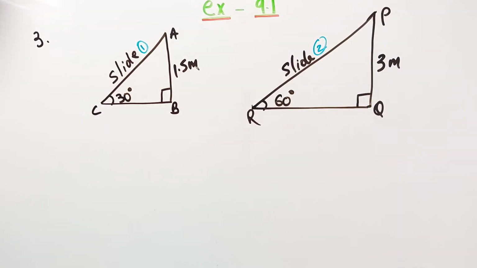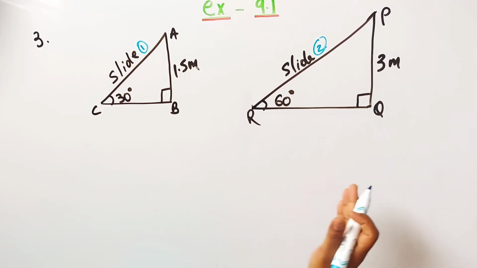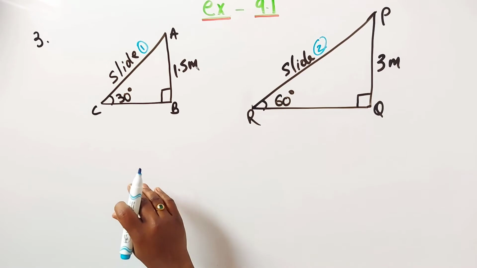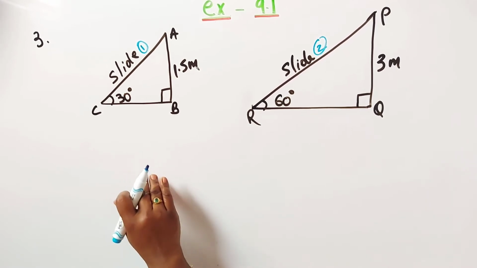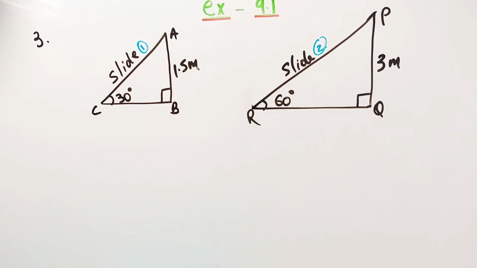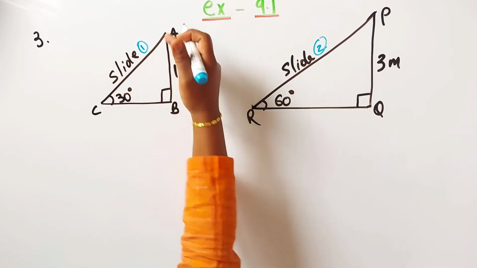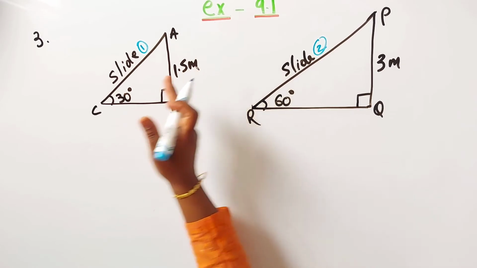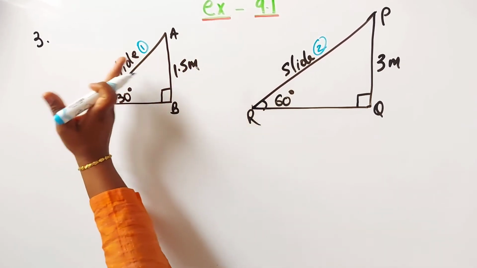Question 3. A contractor plans to install 2 slides for the children to play in the park. For the children below age of 5 years, she prefers to have a slide whose top is at the height of 1.5 meters, and it is inclined at an angle of 30 degrees.